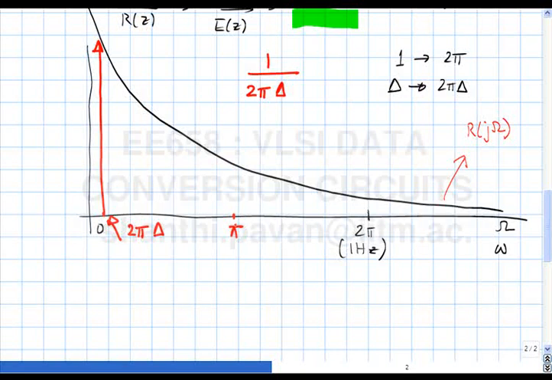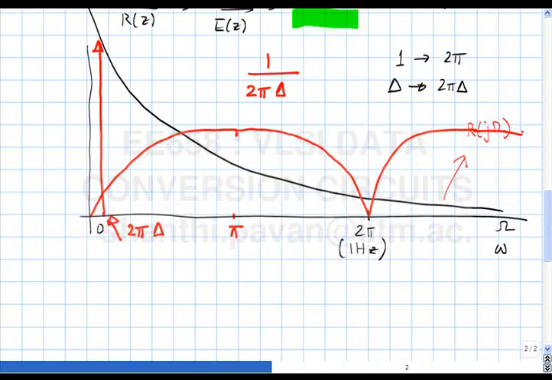Yes, people. It starts at 0, reaches 2 at pi, 0 at 2 pi, and this keeps repeating, correct?